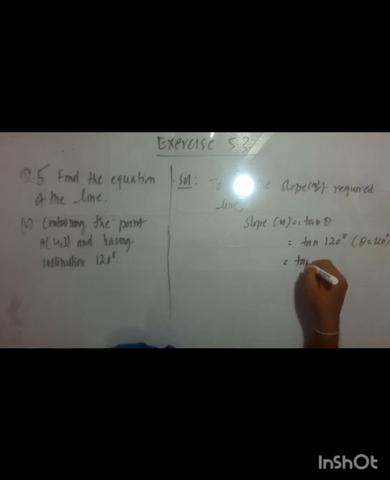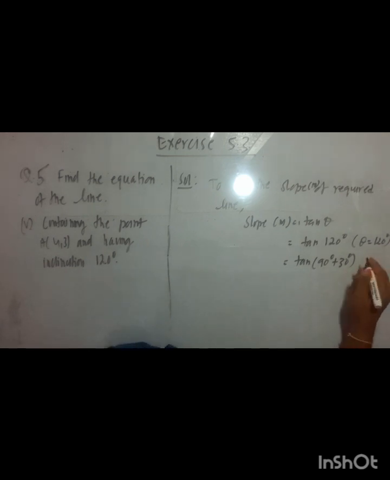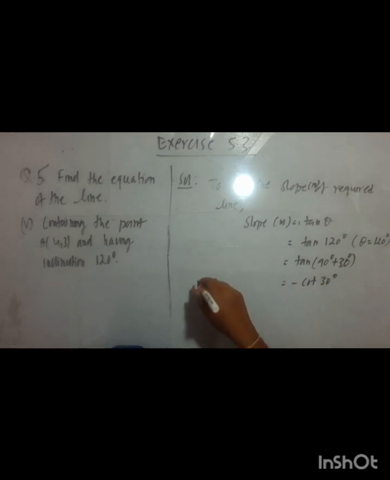Now tan 120 can also be written as tan of 90 degrees plus 30 degrees. Here we will use the allied angle formula, because tan(90 plus 30) will be minus cot 30 degrees.